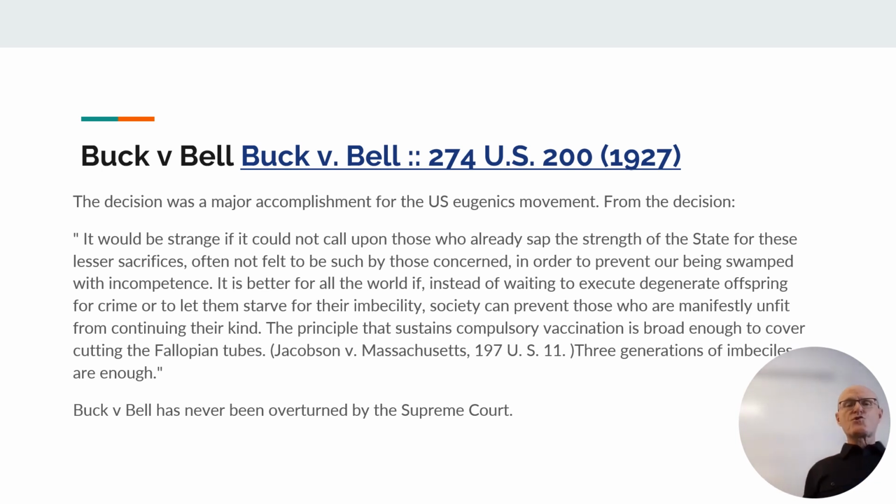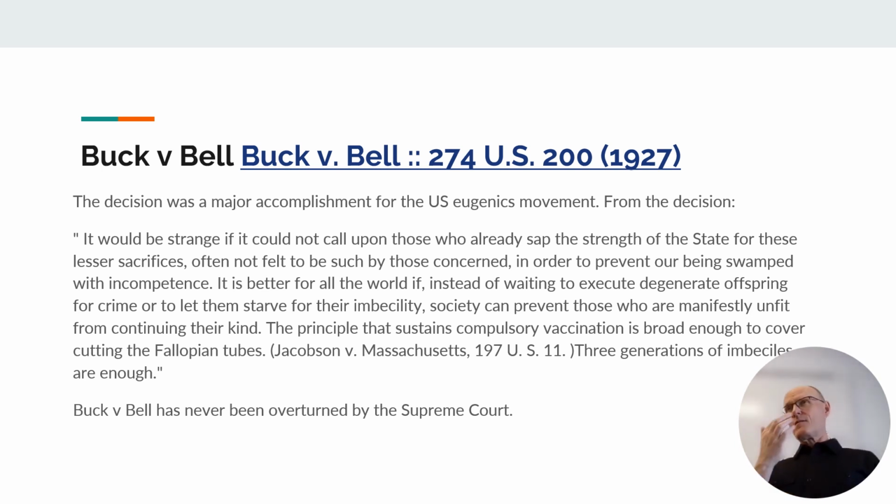He said, "It would be strange if it could not call upon those who already sap the strength of the state for these lesser sacrifices," the lesser sacrifices being sterilized, "often not felt to be such by those concerned." The idea is, well, if you're feeble-minded, you don't care about being sterilized anyway.